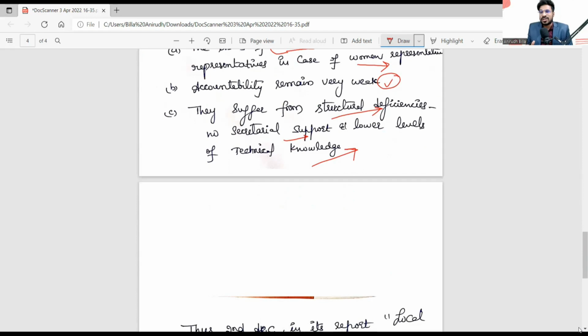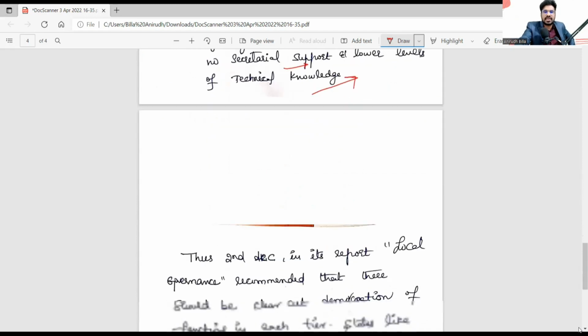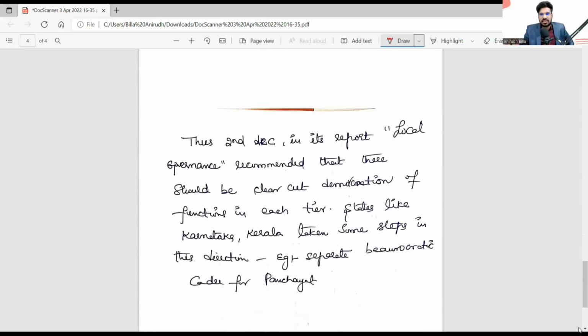Now, the main issue is how we are going to end this question. Let us see. There is a ready-made answer here. You can copy this answer also, but let me explain it. Everybody knows that the Second ARC, Administrative Reforms Commission, in its report called Local Governance, said that states should clearly demarcate the functions in each tier: district level, intermediate level, and panchayat level.